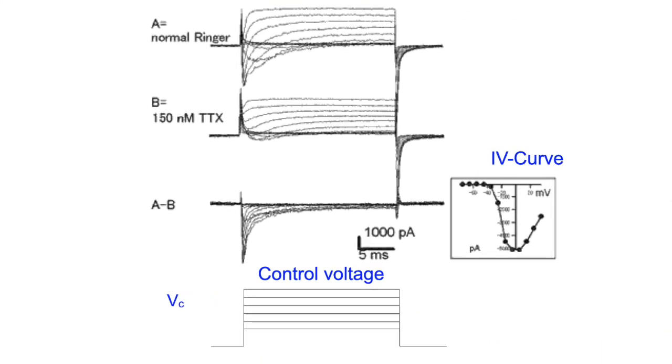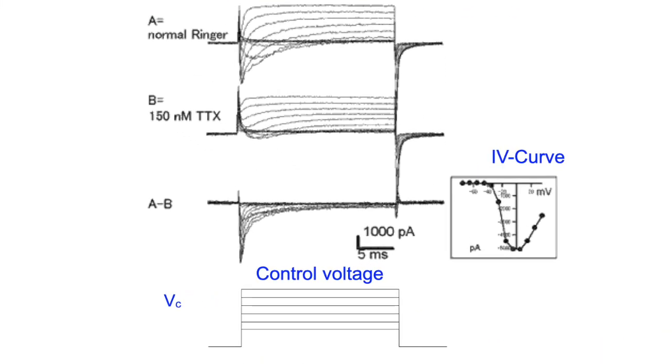We won't say a whole lot more than that about it, except to share a little bit of results with you. So at the bottom, you see the control voltage. So here you see the membrane voltage is changed. That's the control voltage. And then above it, you see two different sets of curves. And the top one is the normal response in what's called a ringer solution. Again, these were done in the squid axon.